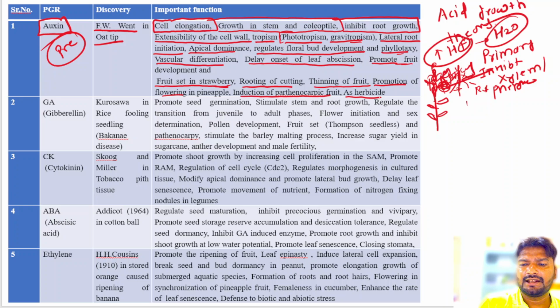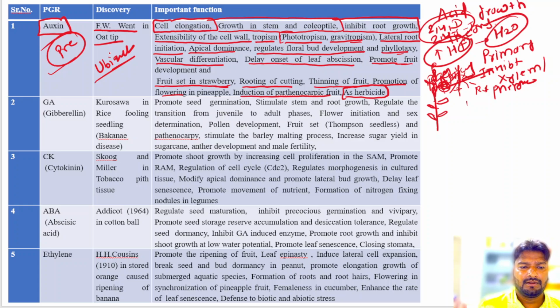And also it has commercial use as herbicides like 2,4-D and 2,4,5-T. Okay, so there are some herbicides which work like this. So this is a very important role of the ubiquitous hormone, that is auxin.